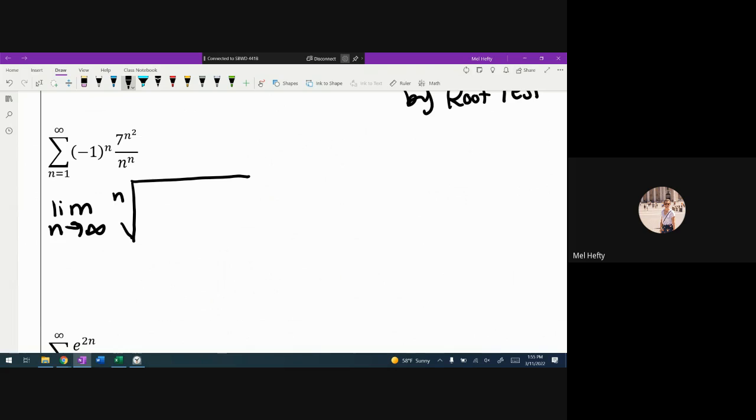I'm not super sure which one grows faster though, 7 to the n squared or n to the n. My money would be on n to the n, but you never know. I'm going to roll with this.